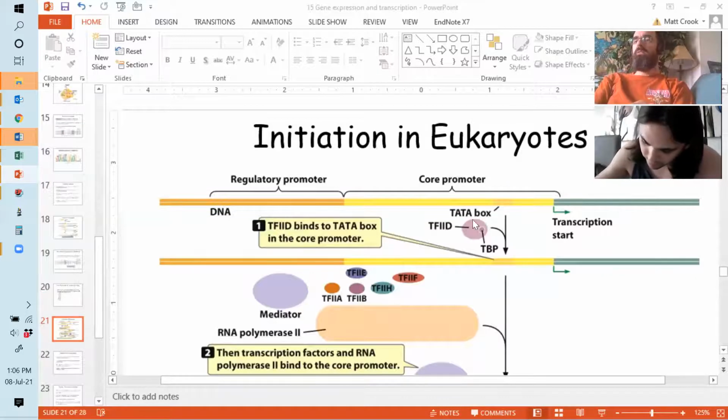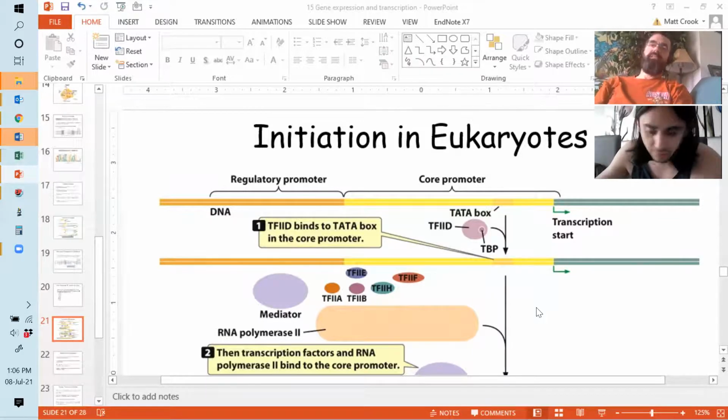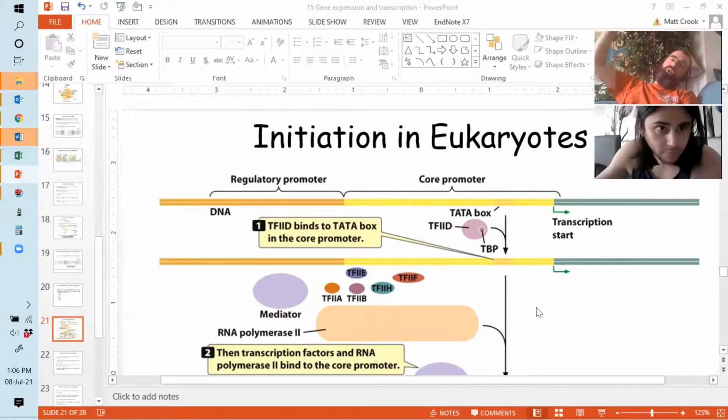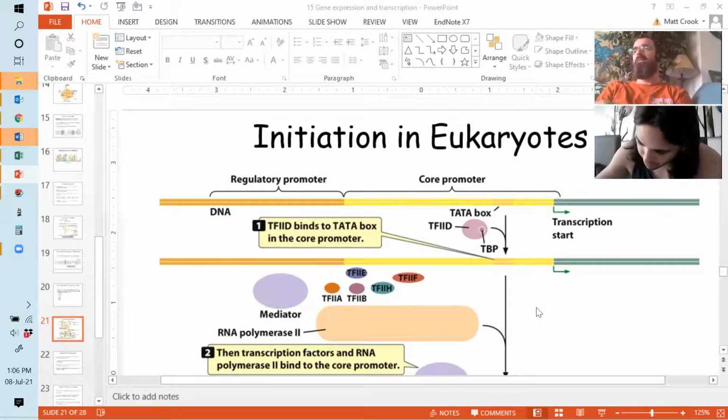And that complexes with one of the general transcription factors. And so this is basically the "hello, I'm here, come bind me" sign for RNA polymerase and all the other stuff. So this is like a kind of a scout that goes ahead to find the right spot.